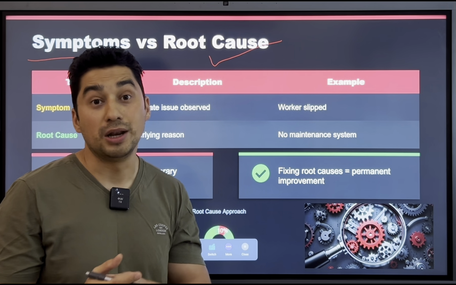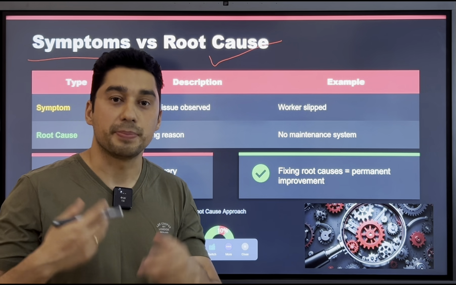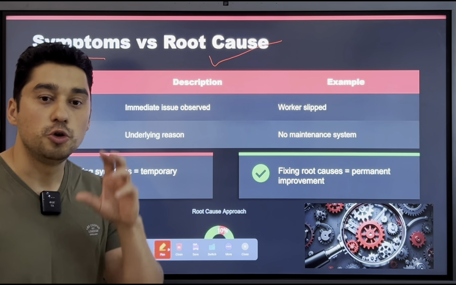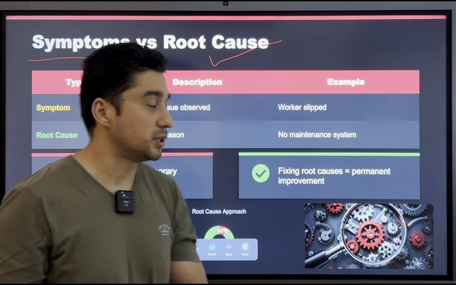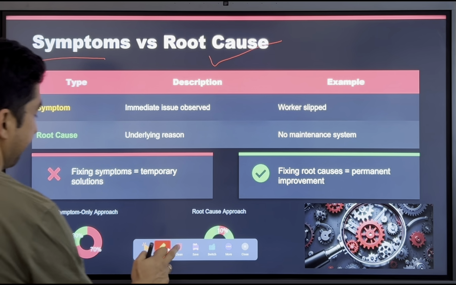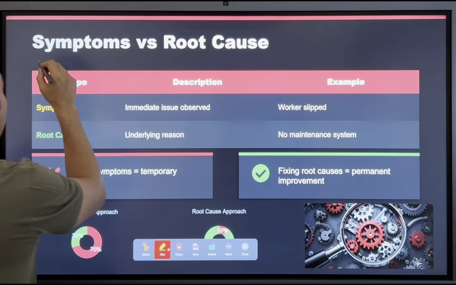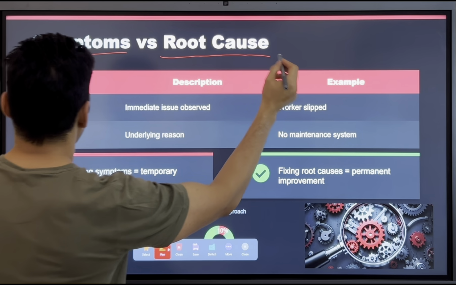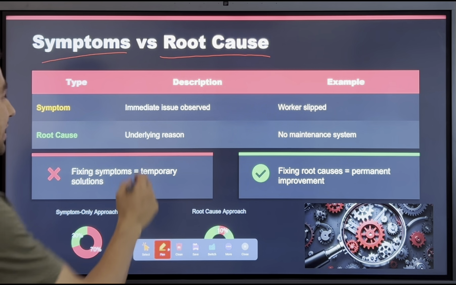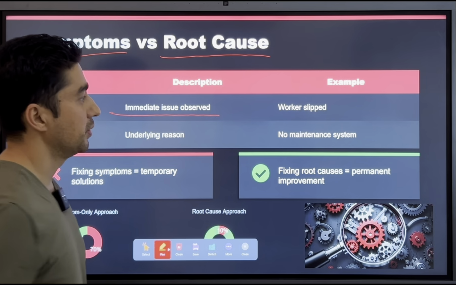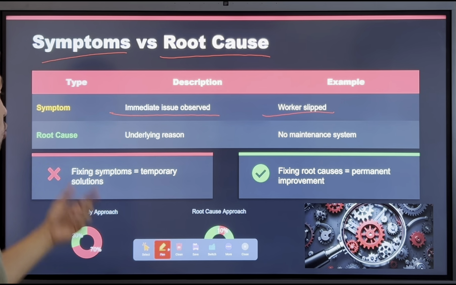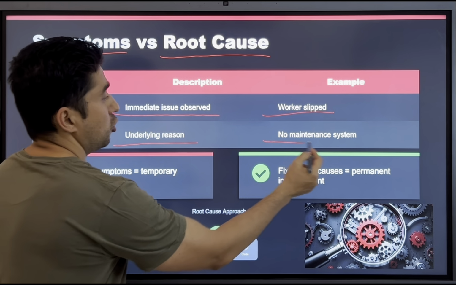If you fix only symptoms, the problem will repeat again and again. If you fix root causes, you achieve permanent improvement. So never fix only the symptoms, number one thing. Always fix the root causes. A symptom is the immediate issue observed, like the worker slipping that we discussed, and the root cause is the underlying reason, such as no maintenance system.